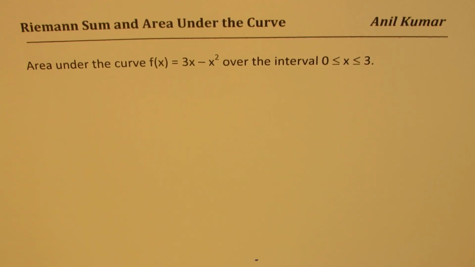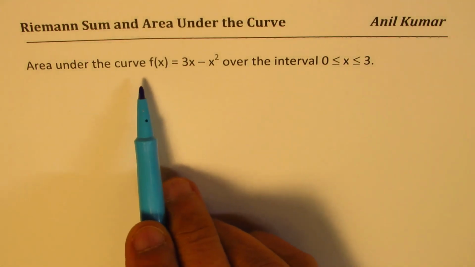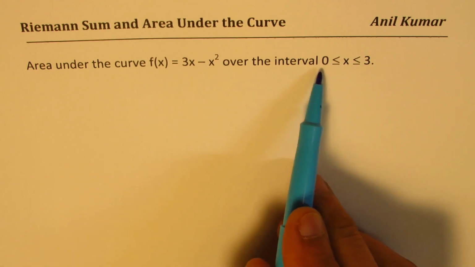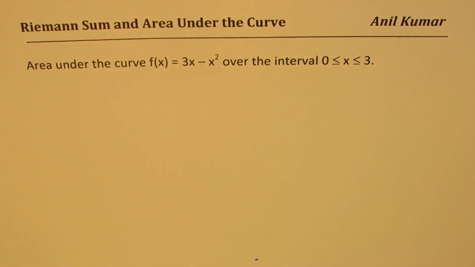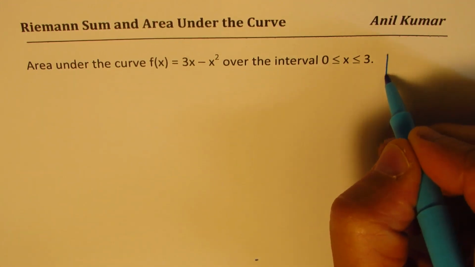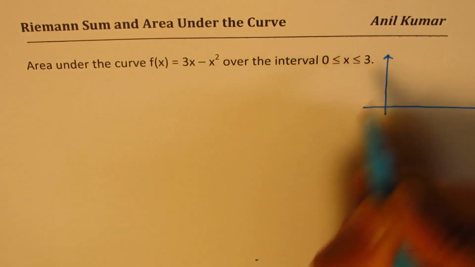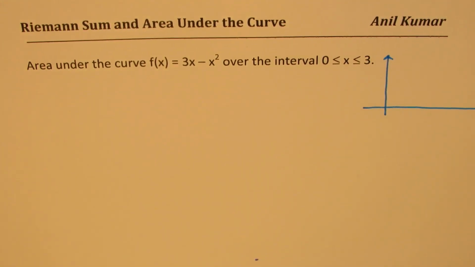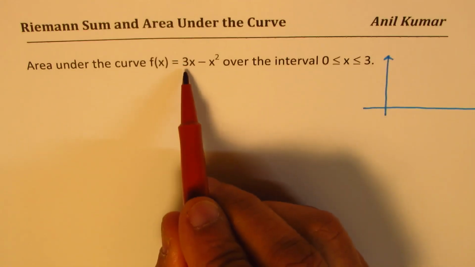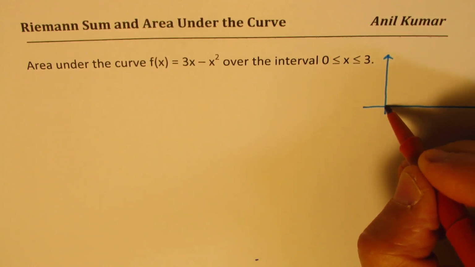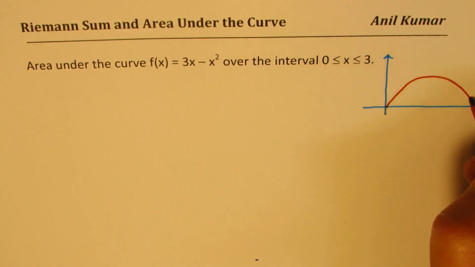So let us begin with the area under the curve f of x equals 3x minus x squared over the interval 0 to 3, both included, right? Let me just make a rough sketch of what we are trying to do, and then we'll solve this question. What we have here is a parabola which has two x-intercepts, one at 0, the other at 3, upside down, kind of like this.